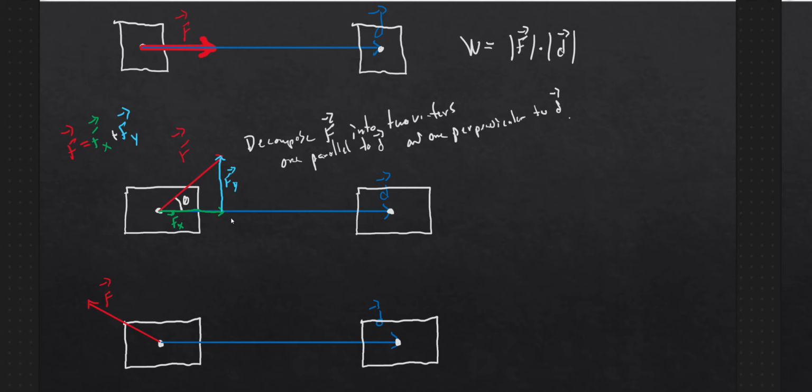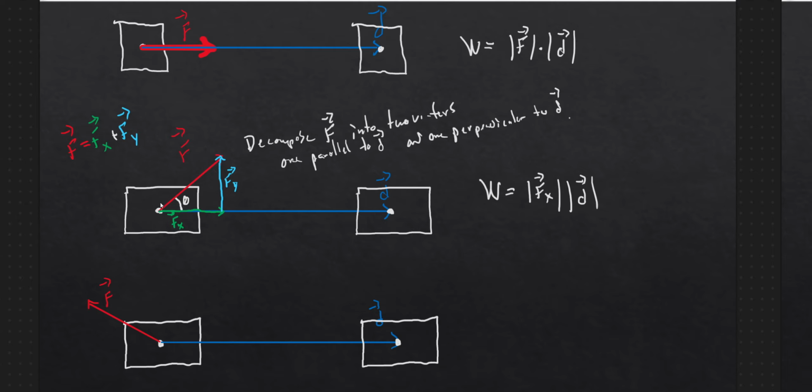This is completely perpendicular to the direction of motion. So Fy doesn't contribute any work. However, Fx is exactly in the direction of motion. And so what that tells me then is work should be not F, but rather Fx, the one that's in the direction of the displacement, the magnitude of that, again, times the amount of displacement.